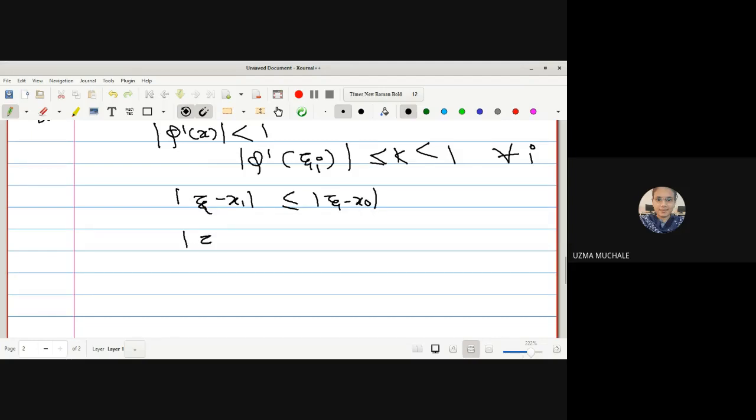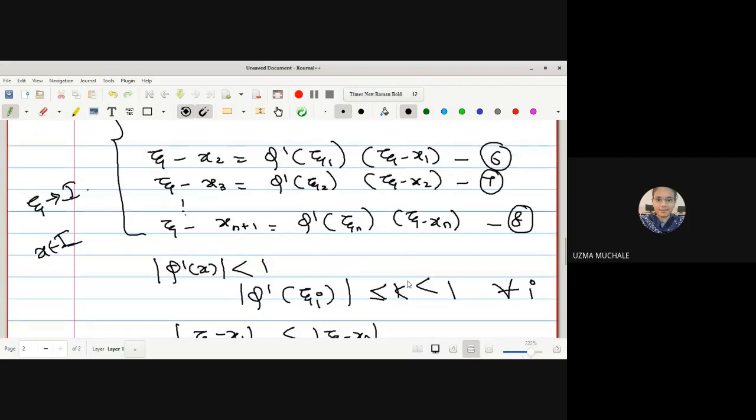Next, mod of zeta minus x2 is less than or equal to mod of zeta minus x1, and so on. We can write mod of zeta minus xn plus 1 is less than or equal to mod of zeta minus xn. Simply, we have substituted the bound 1 for the term phi dash of zeta.